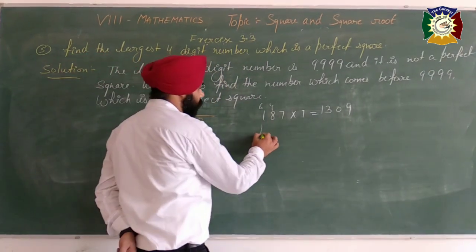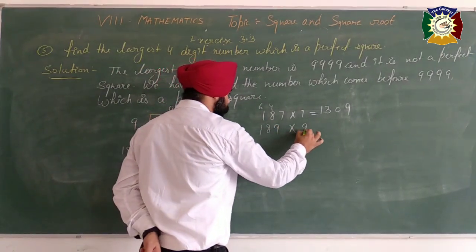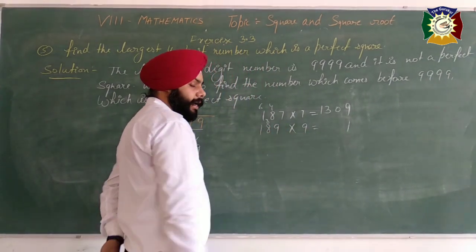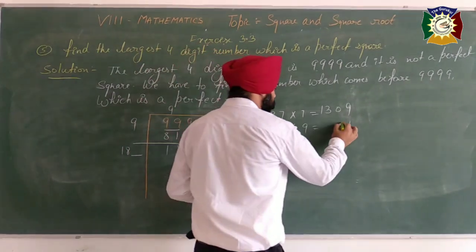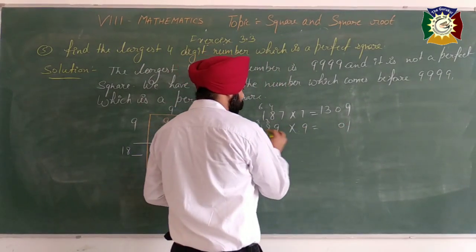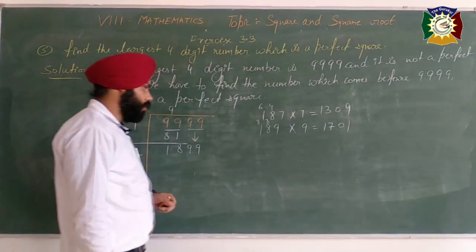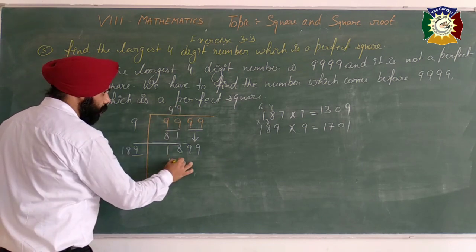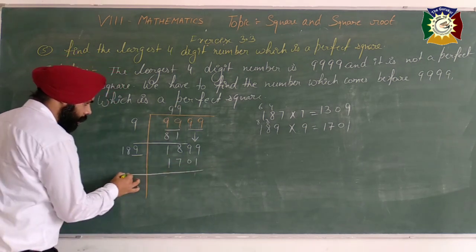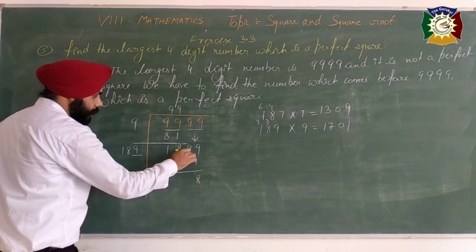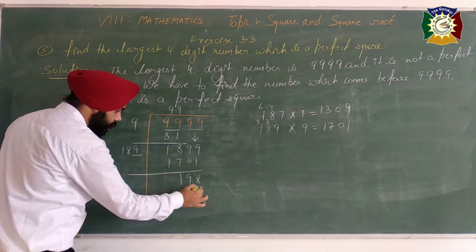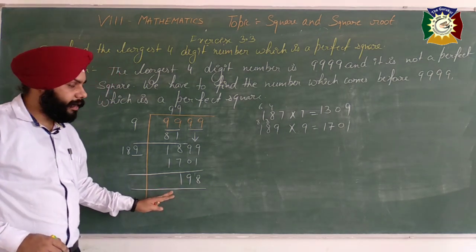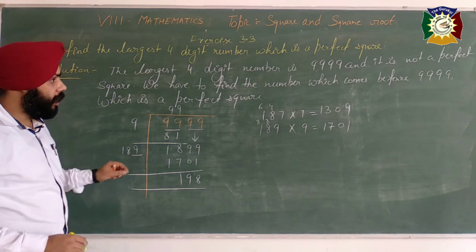Now I choose here 189 multiplied with 9. 9 9s are 81, 9 8s are 72 plus 8 is 80, 9 1s are 9 plus 8 is 17, so 1701, which is very near to this. So we take here 1701. Now subtract, 8, 9 as it is. The remainder we get here is 198 in this whole procedure, and we have to find the largest 4-digit number which is a perfect square.